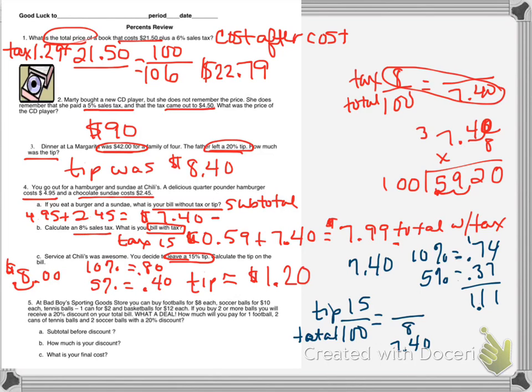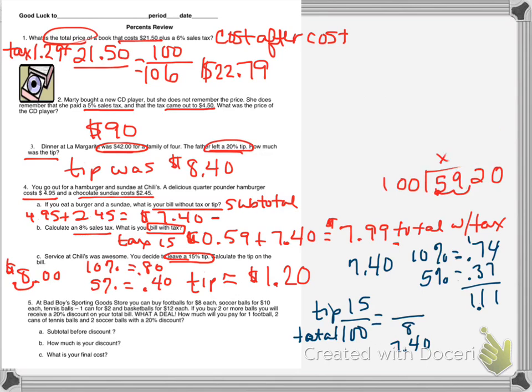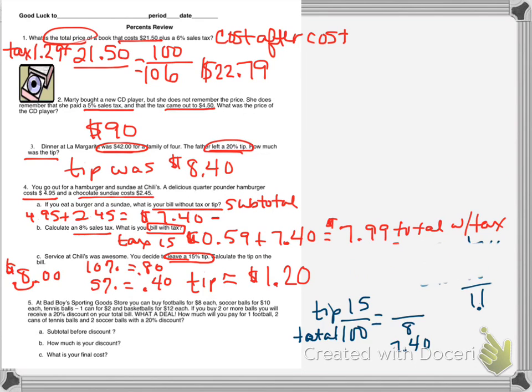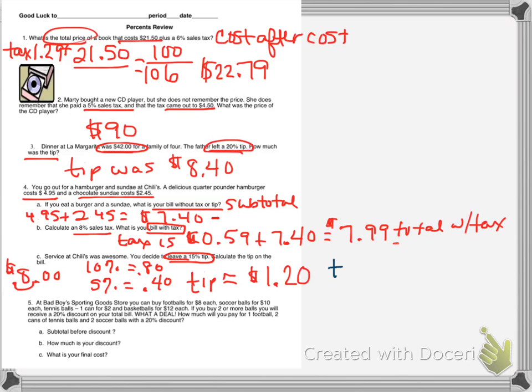All right. This next one is actually on the back of your paper. So let me go back and write tip on $7.40 is $1.11.